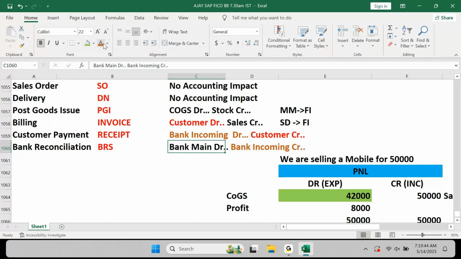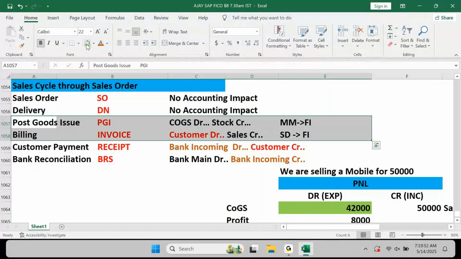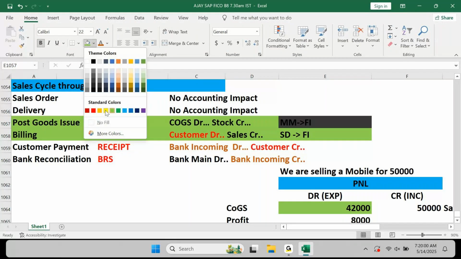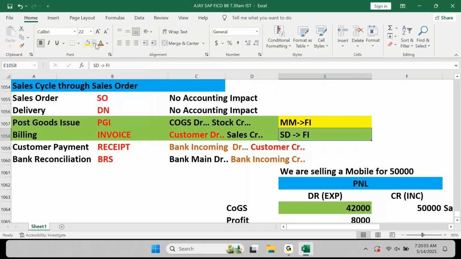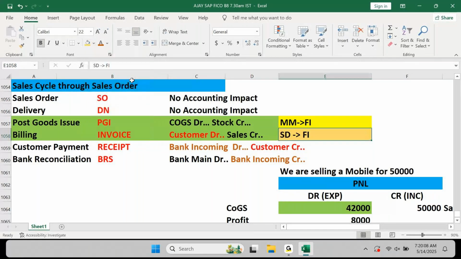Now in this, your integration is only here. Am I correct? And that too, this is FI-SD integration. This is FI-MM integration. Are these two clear?